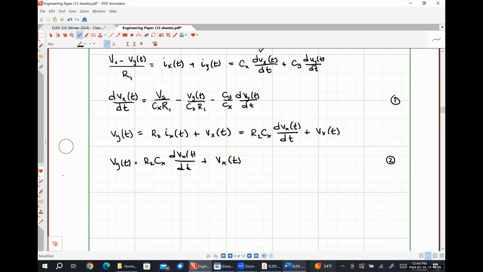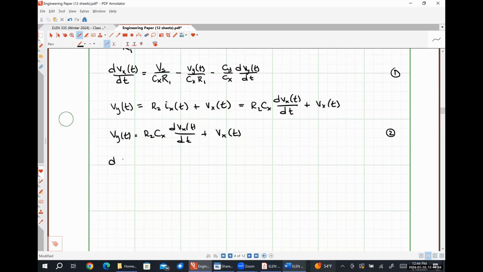So to make my life easier, if I take the derivative of this guy right here, I will get the derivative of Vy with respect to time, which I can plug in here. I already have Vy, which I can plug in here. And so this equation will be only in terms of Vx, which is really what I'm looking for. So I'm going to take the derivative of equation 2.